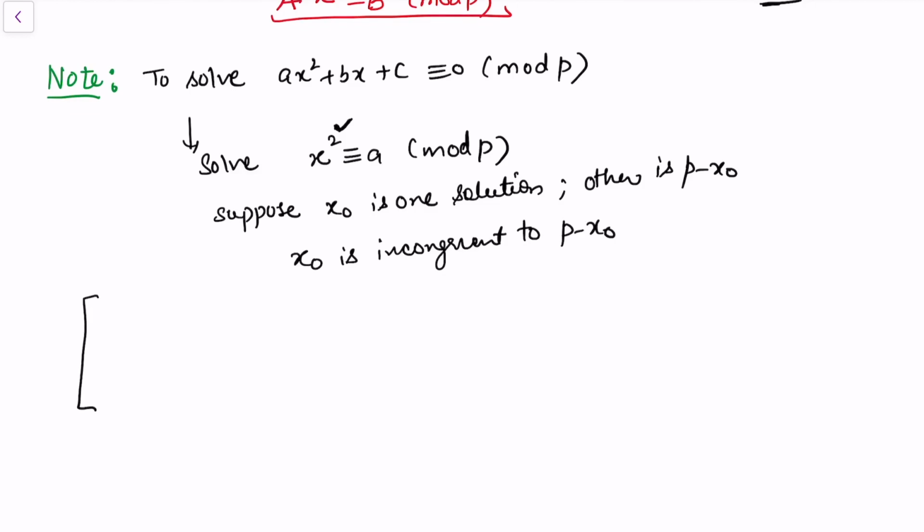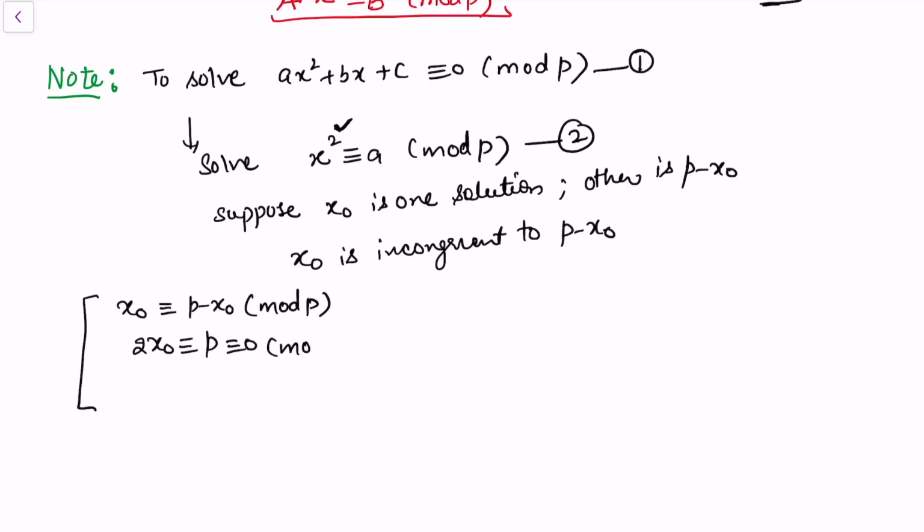Had these been congruent, since we are trying to solve 1 and 2, because the solution of 2 will lead to the solution of 1, then x naught is congruent to p minus x naught modulo p. In this case, 2 times x naught is congruent to 0 modulo p. P was an odd prime, as we have already seen, so x naught is congruent to 0 mod p.